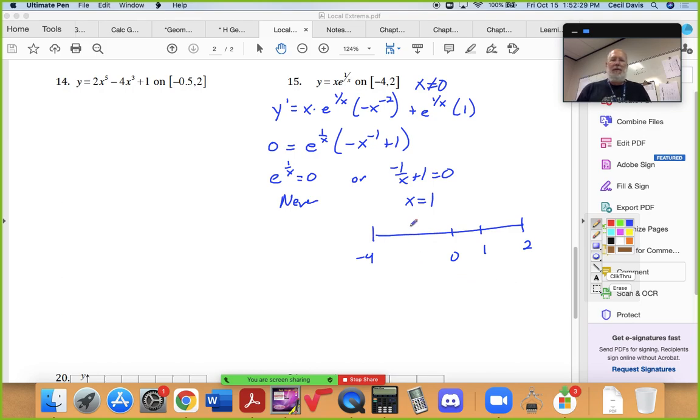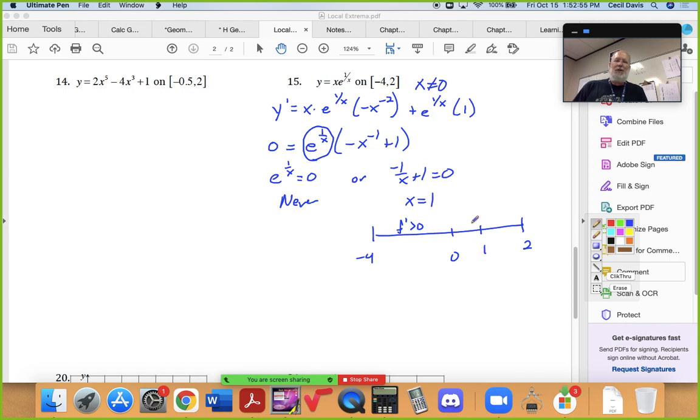So if I substitute something between negative 4 and 0 into this, the e to the 1 over x is always going to be positive, right? So I'm just going to ignore that. So if I substitute in, say, negative 3, that would be 1/3 plus 1, f prime greater than 0.